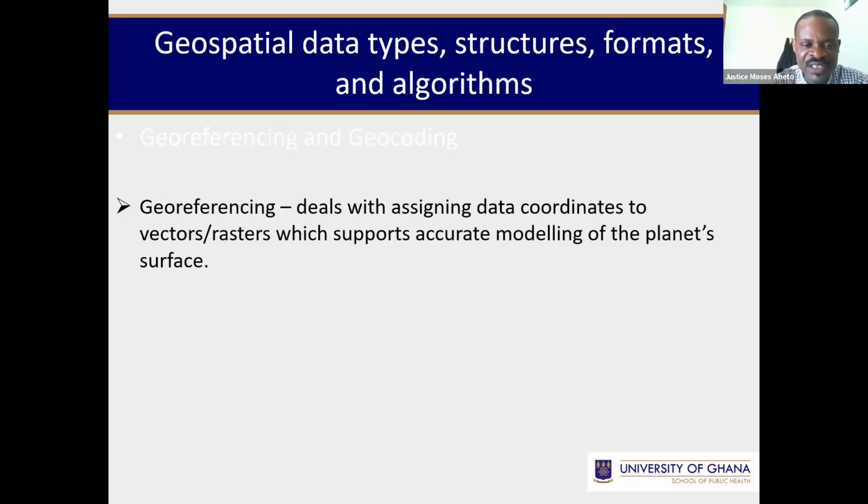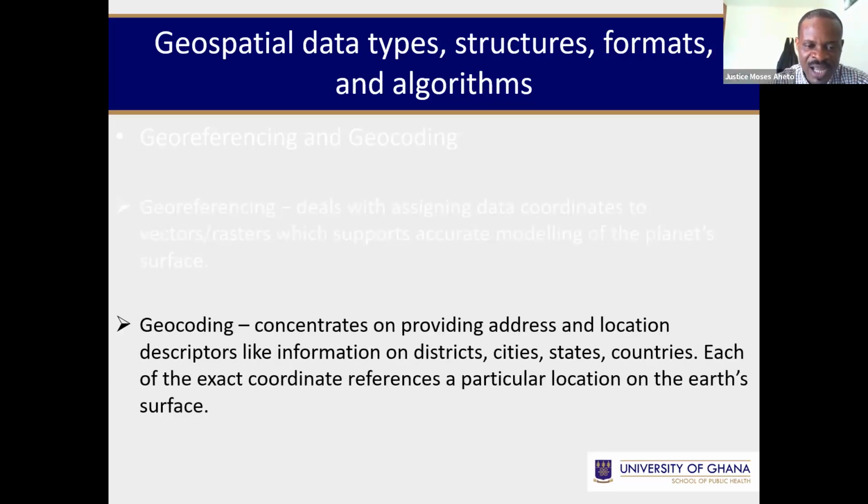So for georeferencing, here we're talking about assigning coordinates to vectors or rasters, which support accurate modeling of the planet surface, that is, the Earth's surface. And geocoding, on the other hand, deals with providing addresses or location descriptors, like information on the district, city, state, and countries, among others.